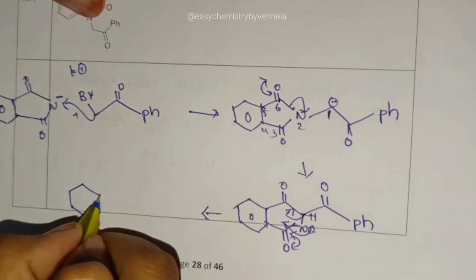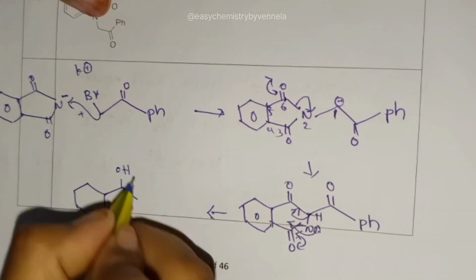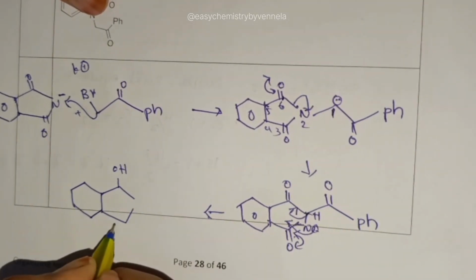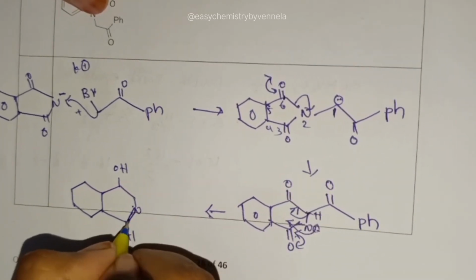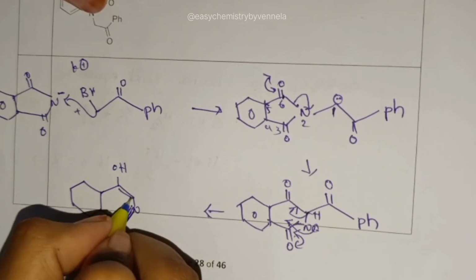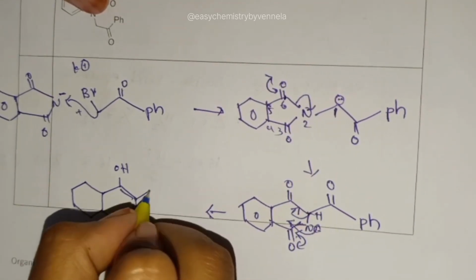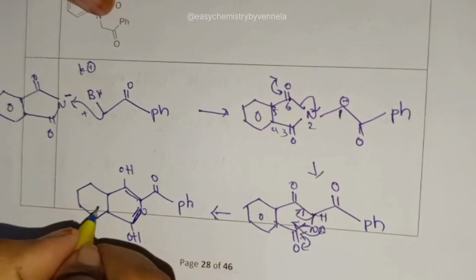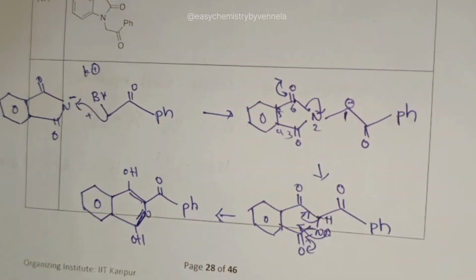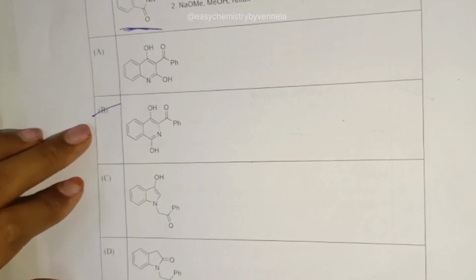So finally, what is the product? This is the final product. Here double bond, here also double bond. So this is the correct option.